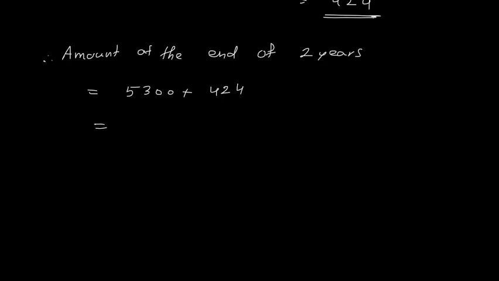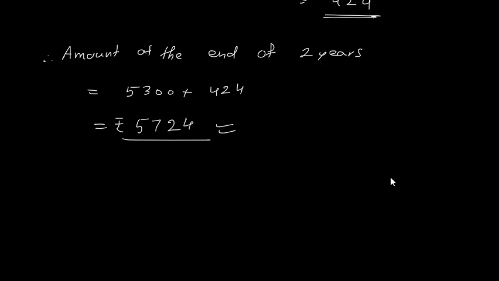So 424, now 4 I will write as it is, then 2, then 4 plus 3, 7 and 5. So rupees 5724 is the amount at the end of 2 year.